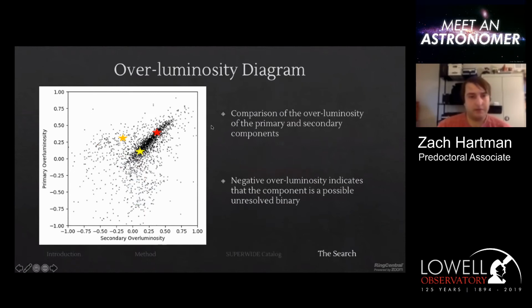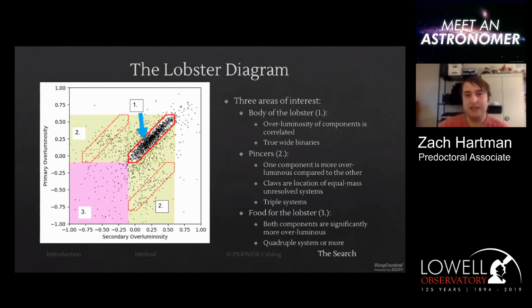When my group was first looking at this, we noticed a couple of things. Number one, this looks like a body. And then you have an over density here and here, and those look like claws. So we decided to call it the lobster diagram.